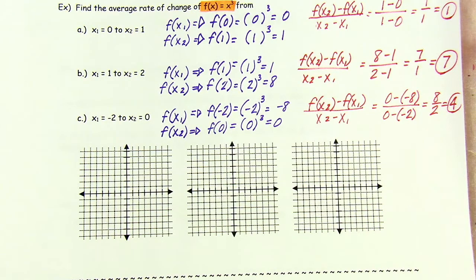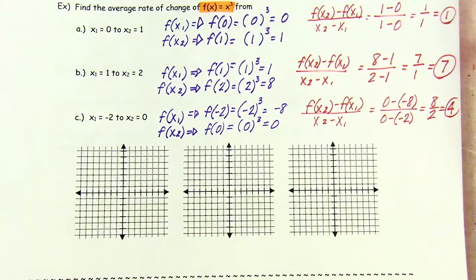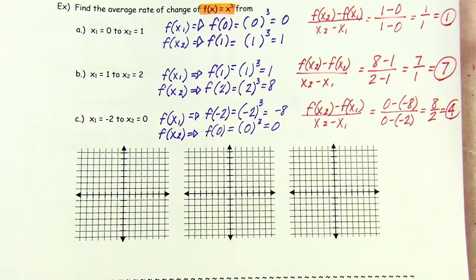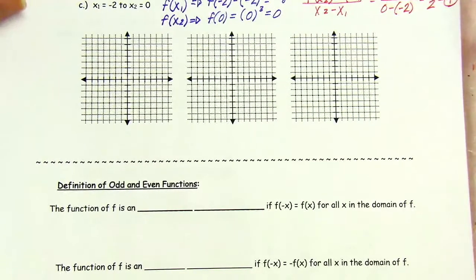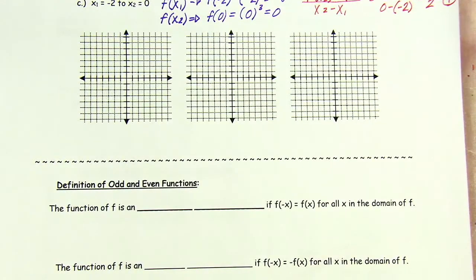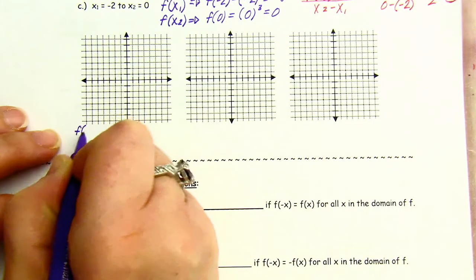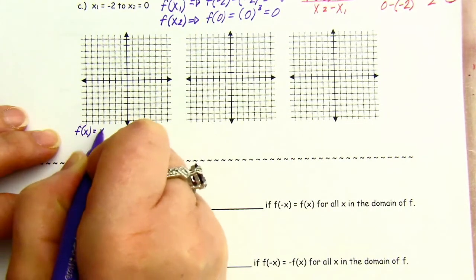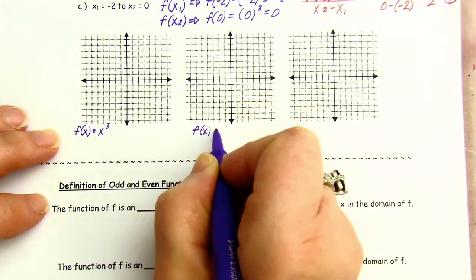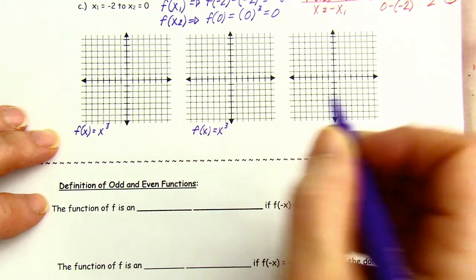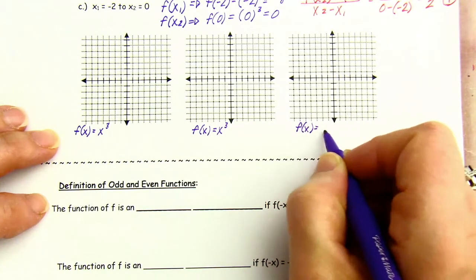All right, so now what we're going to do is graph this and actually show you and prove that this is true. All right, so for the 3 graphs, we are going to graph f of x equals x cubed 3 times.